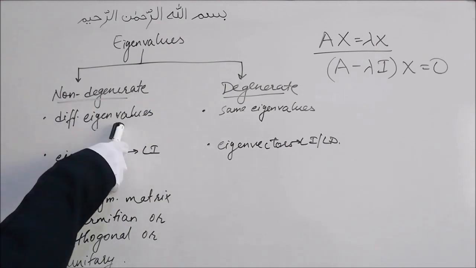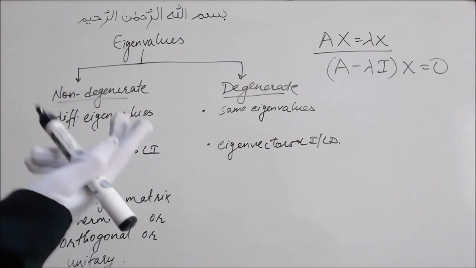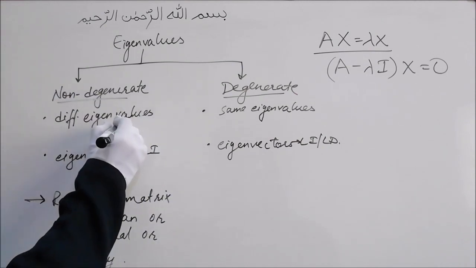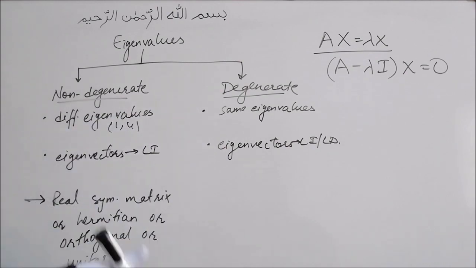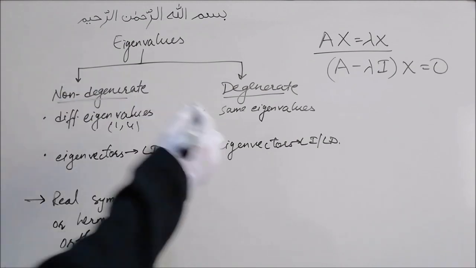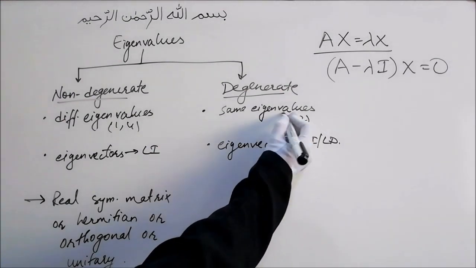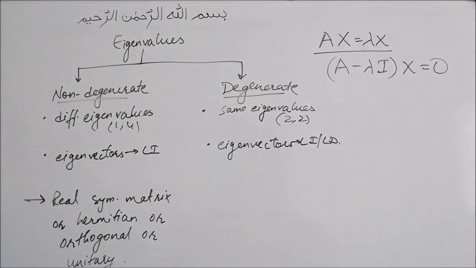Non-degenerate means they will have different eigenvalues. That means, if you have a 2 by 2 matrix, the eigenvalues can be like 1, 4, different values will be present. And if the eigenvalues are degenerate, that means they will have the same eigenvalues. Same eigenvalues in the sense it can be like 2, 2 for a 2 by 2 matrix.